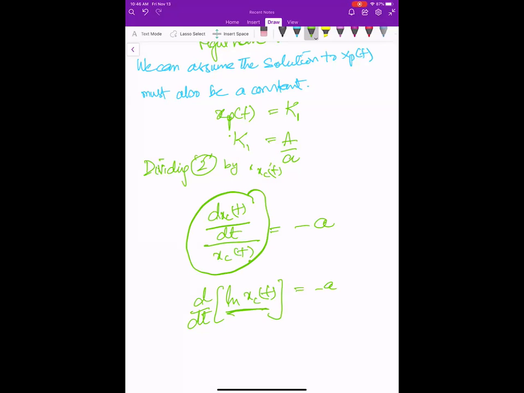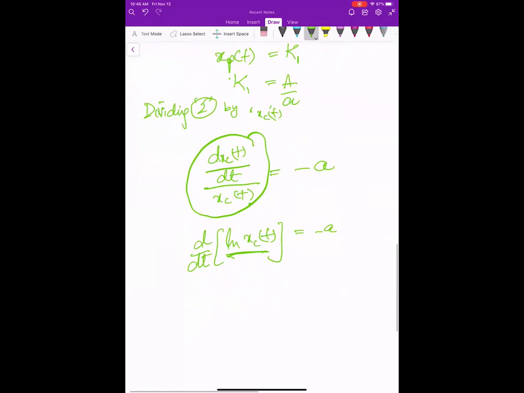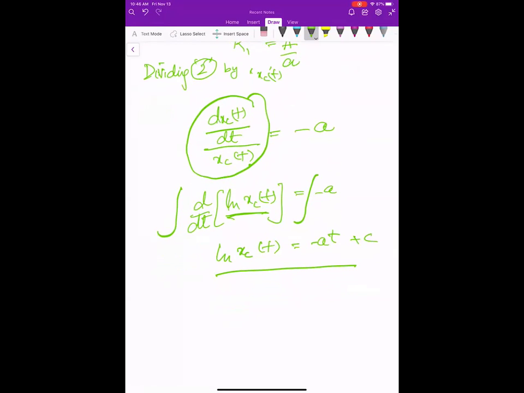Are we following this? Are we good about this? Yeah, I think we're good. Okay, so this will make it, how I did that, I just take the integral from both sides.